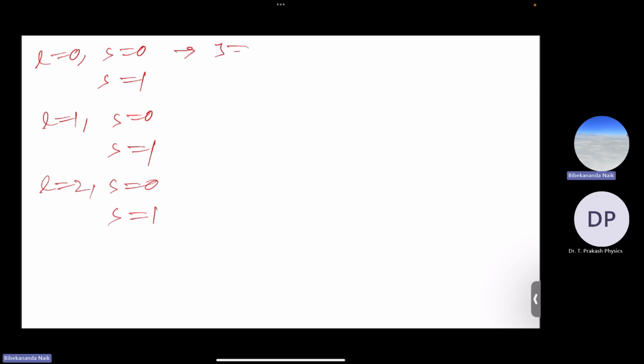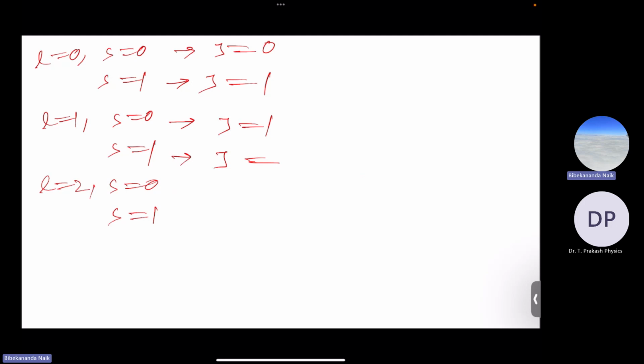In this case, J will be 0. In this case, J will be 1. Here, J will be 1. Here, for L equal to 1, S equal to 1, what will be the possible values of J?